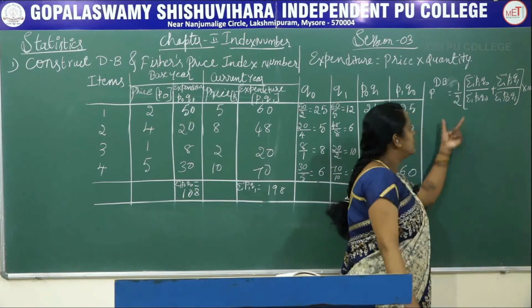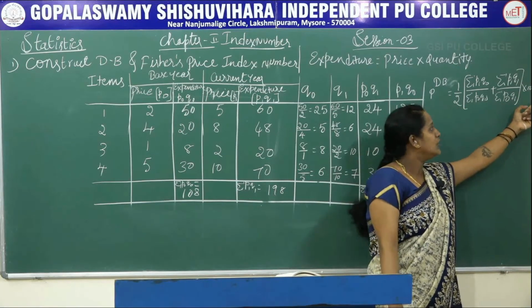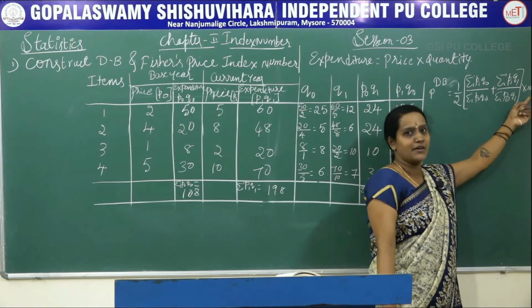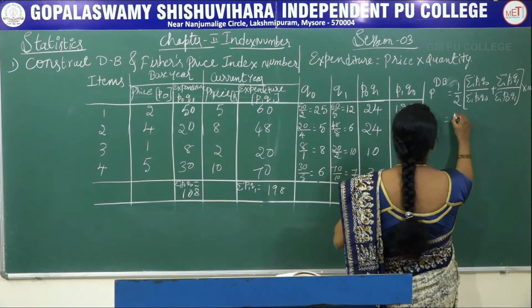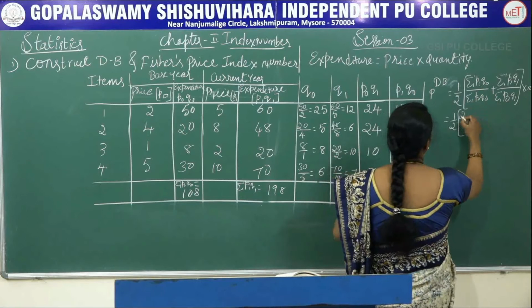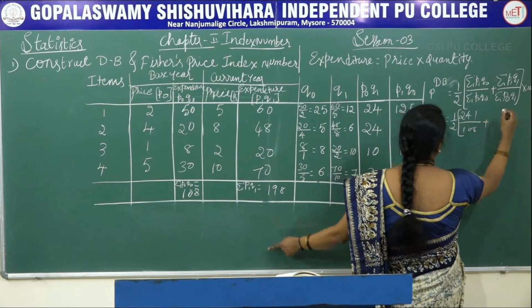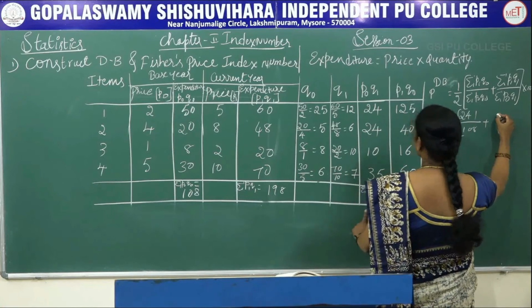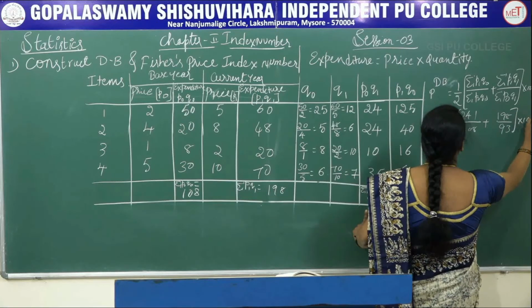We know that this is Laspeyres and this is Paasche. At last, only once we will multiply with 100. Now you substitute that. This half remains as it is. P1 Q0 is 241, P0 Q0 is 108, plus P1 Q1 is 198 divided by 93, into 100.